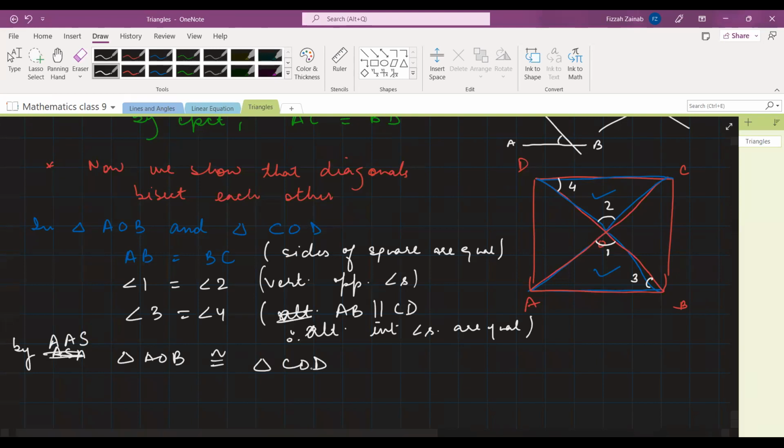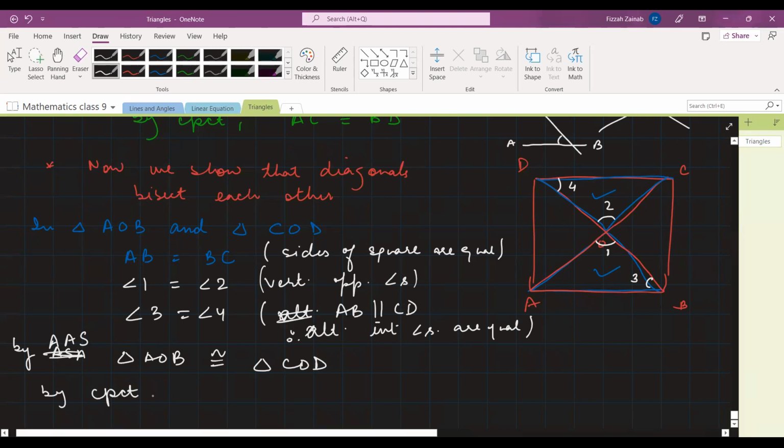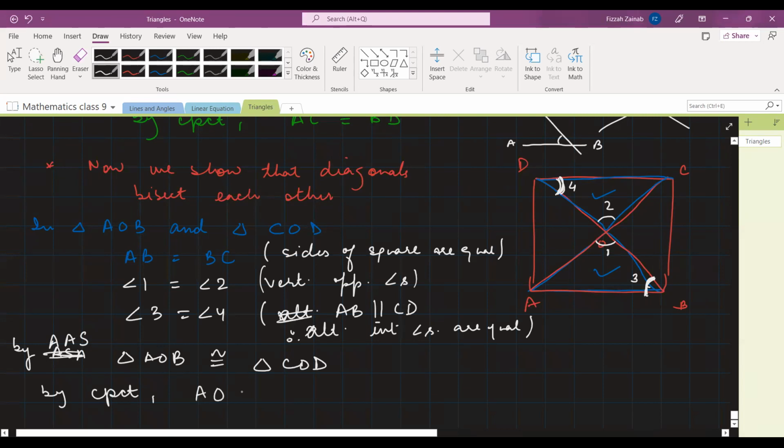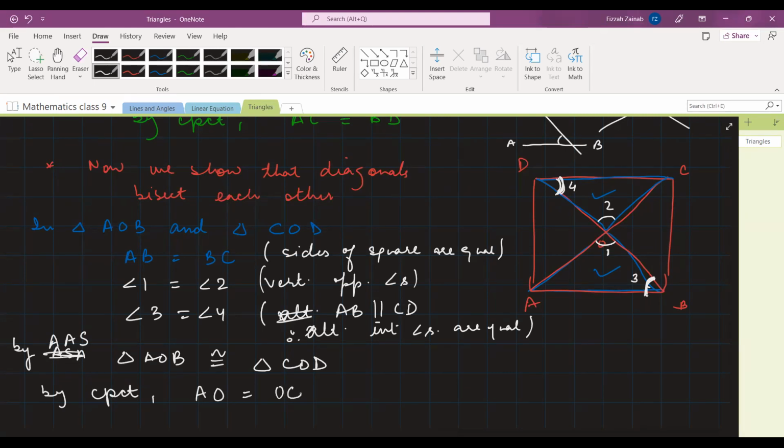And by CPCT, the other two sides are equal, right? So by CPCT, we can say, so you have to take it like this because angle 3 is on this side and angle 4 is on this side, understand? So if you are taking AO, it will be equal to OC, getting it?